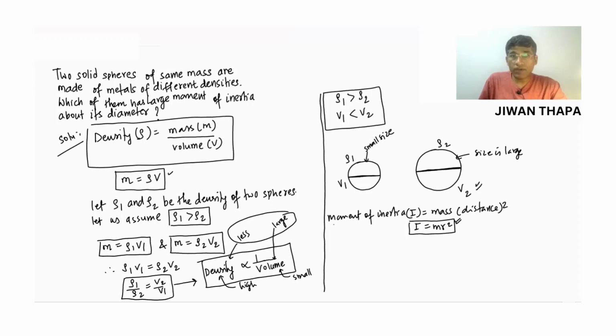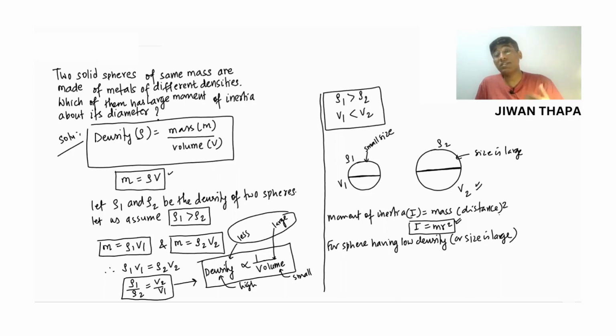Now what we can conclude is that for sphere having low density, size is large or its volume is large.